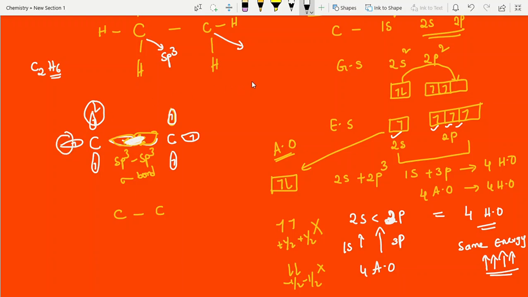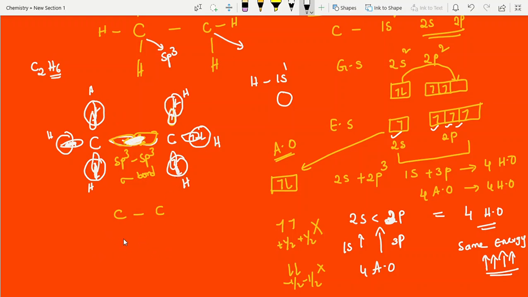Hydrogen, what is the electronic configuration? 1s1. S orbital, what is the shape? Spherical shape. That's why I have drawn it like this. The hydrogen electron now overlaps with the carbon hybrid orbitals. See, finally, I will get sigma bonds here also. Clear? Hydrogen, hydrogen, hydrogen, hydrogen, hydrogen, and hydrogen. That's it. Overlapping, overlapping, all overlapping.